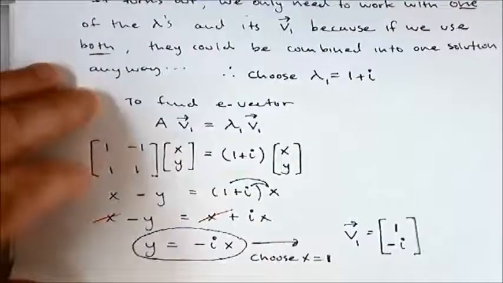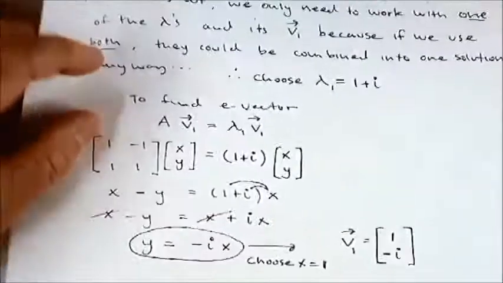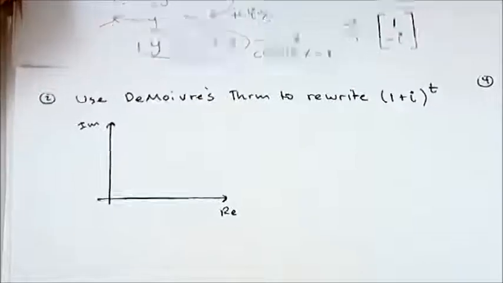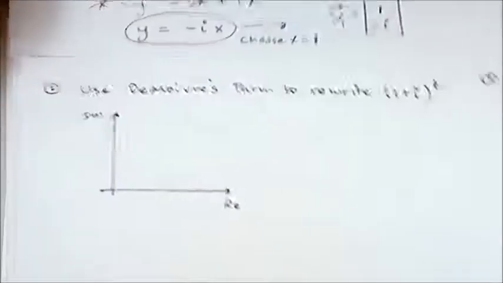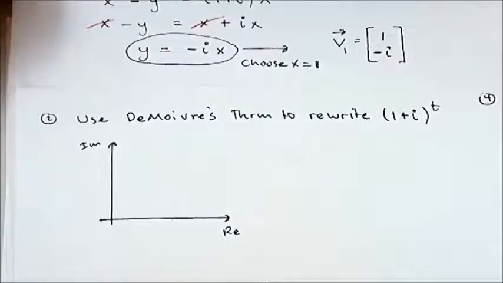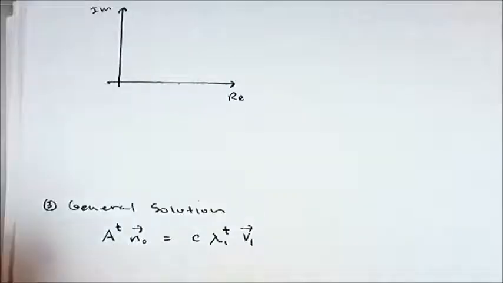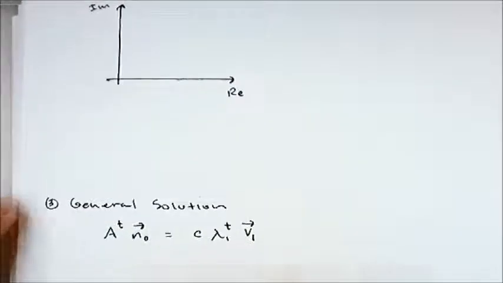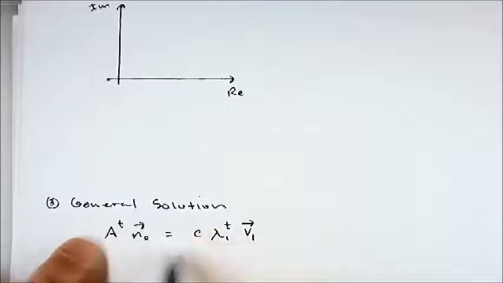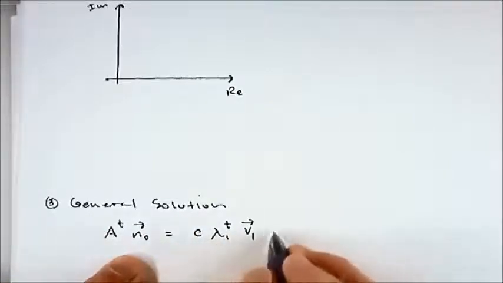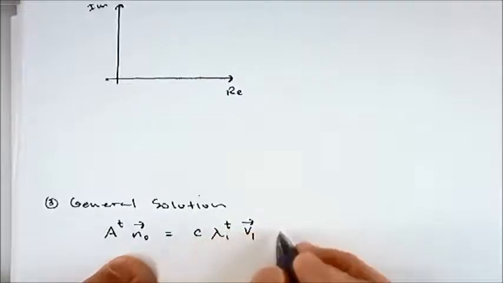Okay, so then to write the solution to this, to write the general solution, because we only need to work with one of the lambdas, you know how normally it's C1 lambda 1 to the t V1 plus C2.